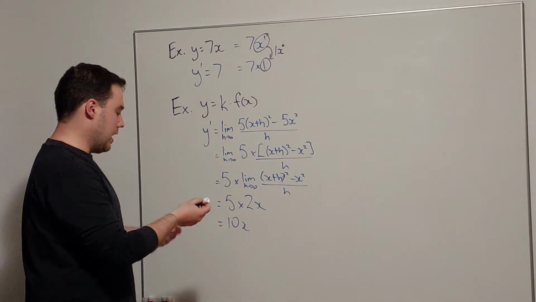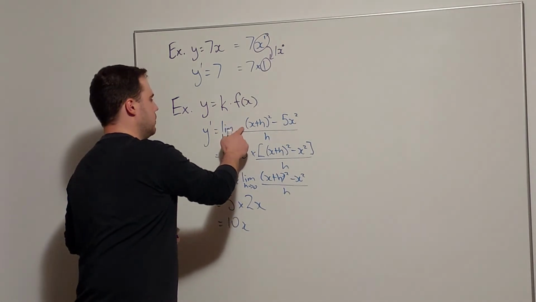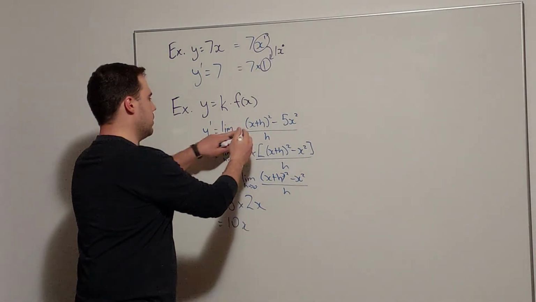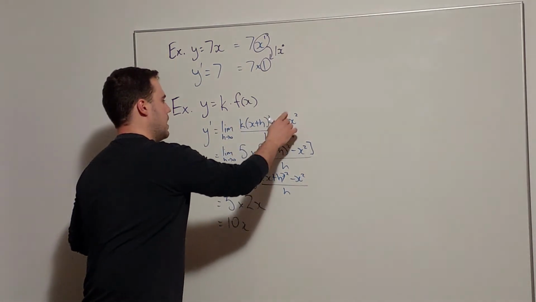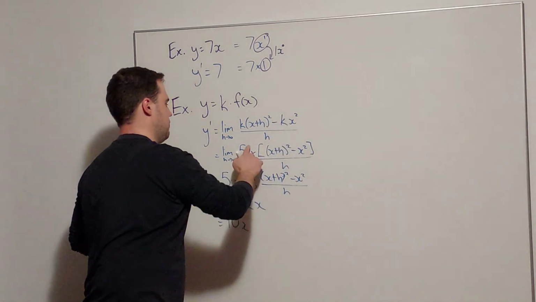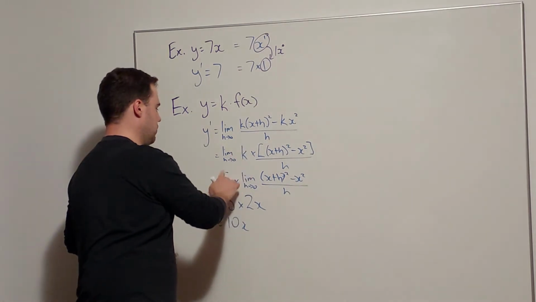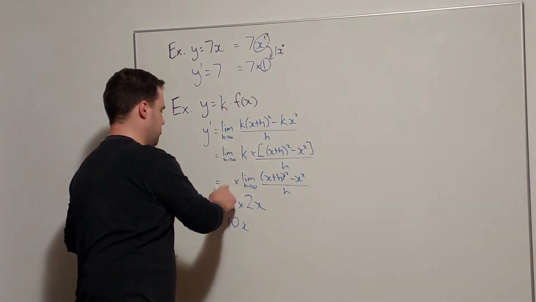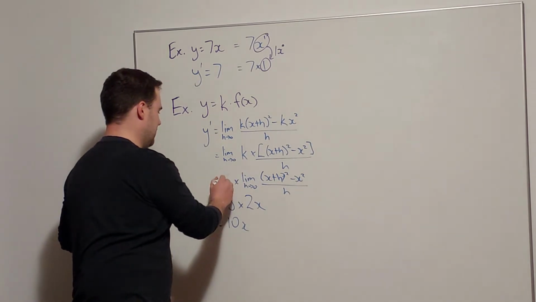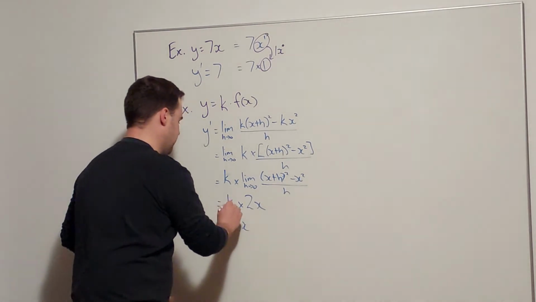Well, everywhere we had our constant number 5, rather than 5, we could have 7 or 10 or -3, right? We could have some number k, and all the exact same logic that we did with that 5, we could do with k.